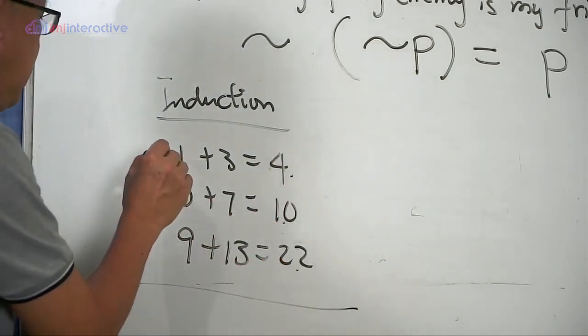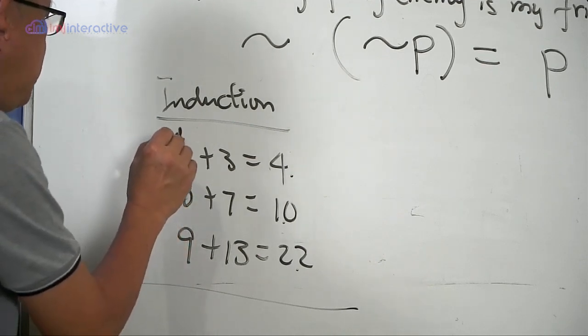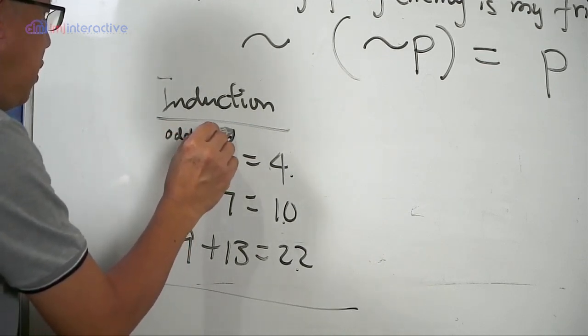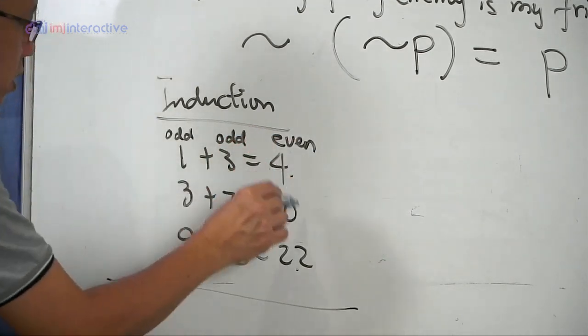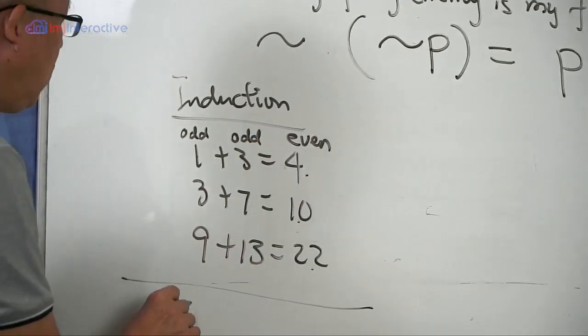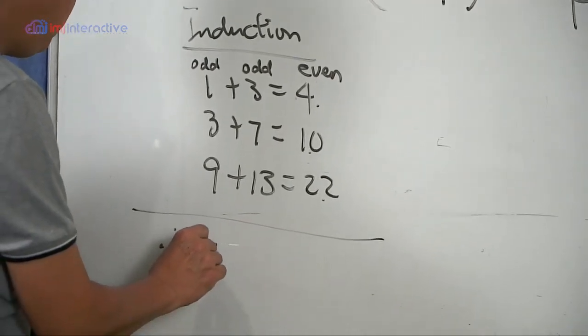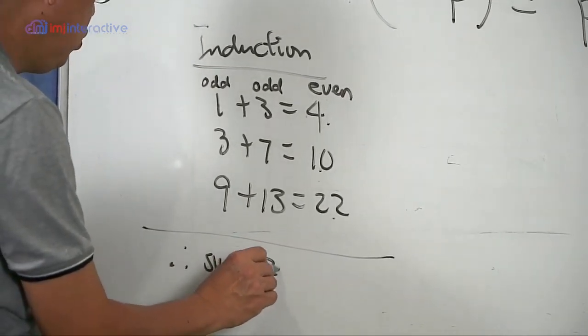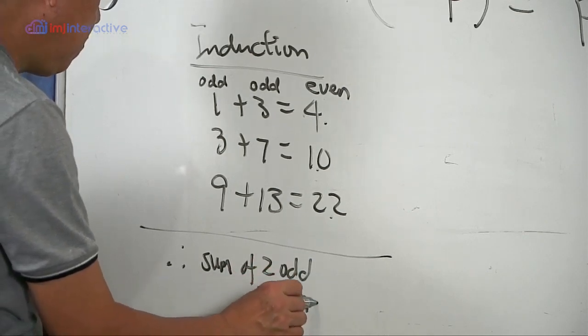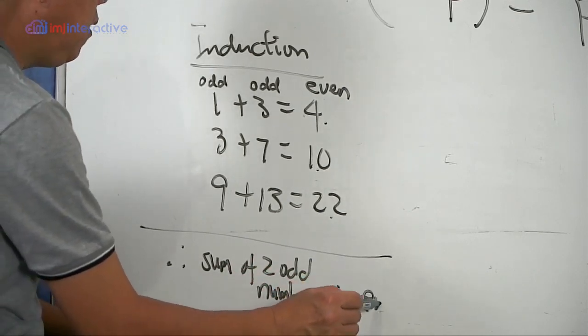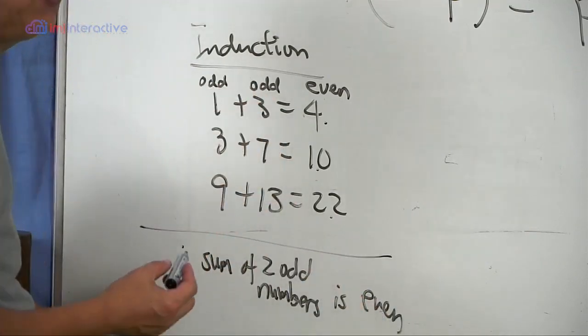These are odd numbers, and these are even numbers. So based on these particular cases, you can conclude that the sum of two odd numbers is even. So this is an example of induction.